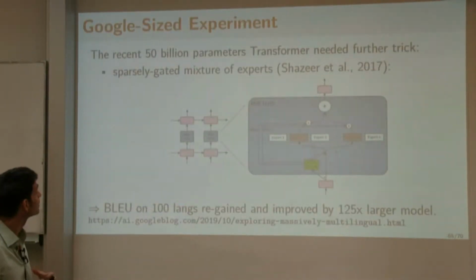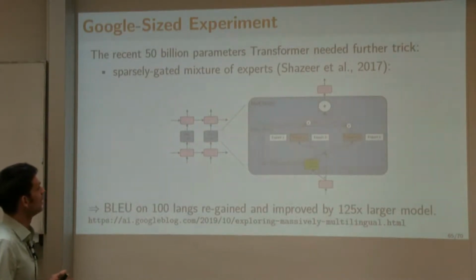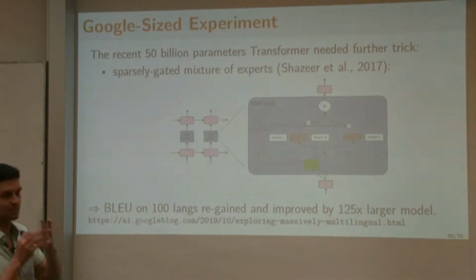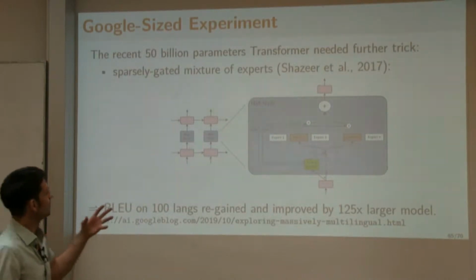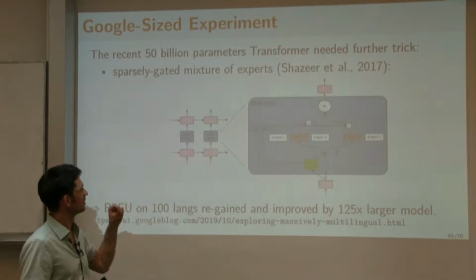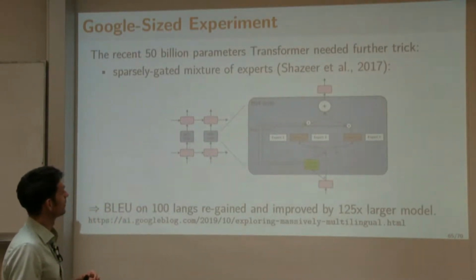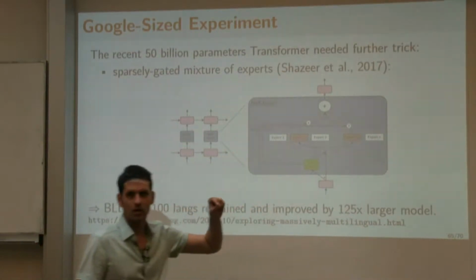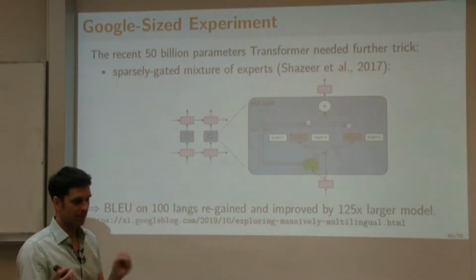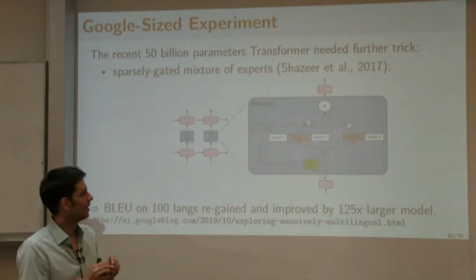So what are the tricks? These 50 billion parameters of the transformer needed these sparsely gated mixtures of experts. This was originally an idea for LSTM or some convolution setup. But the idea is that some parts of the network will be flexible and will not be used all the time.